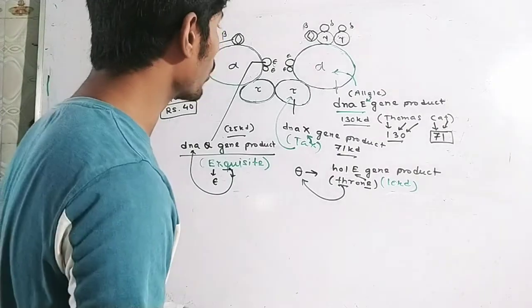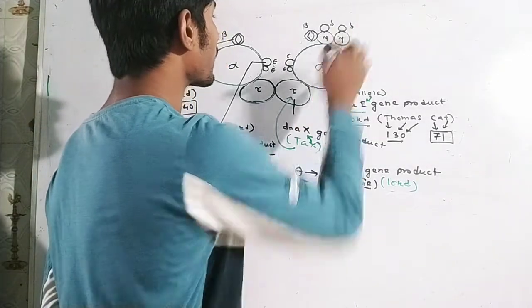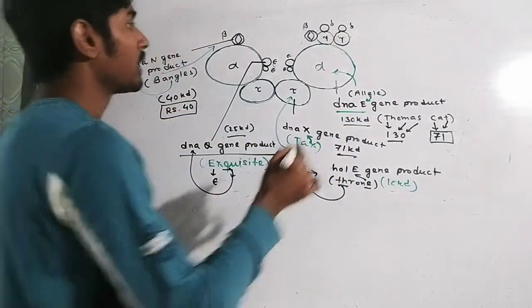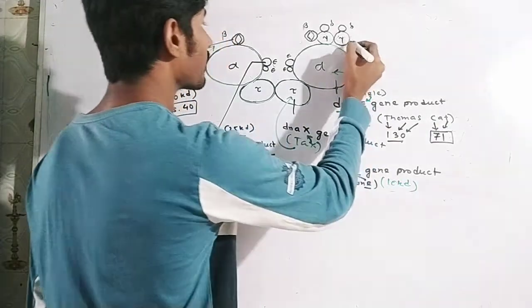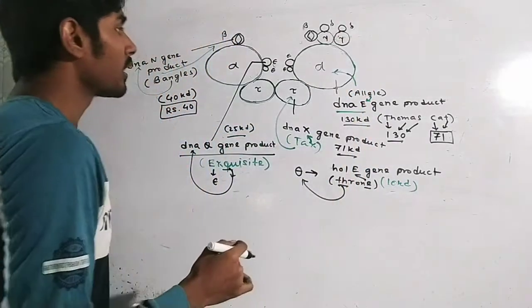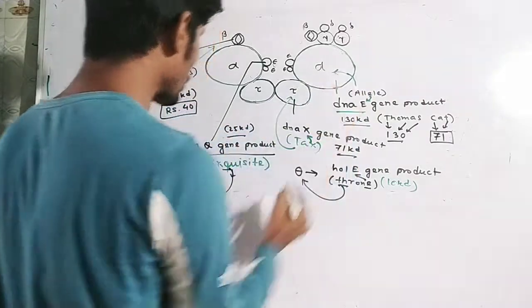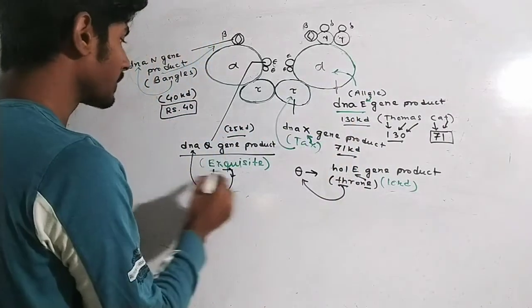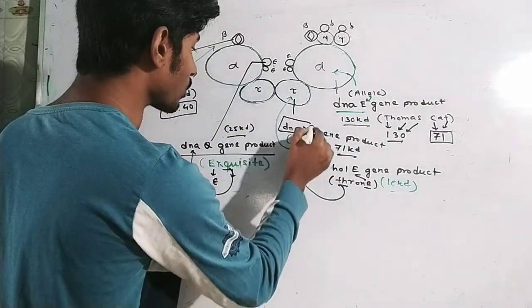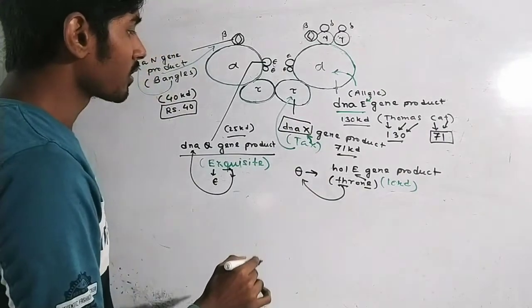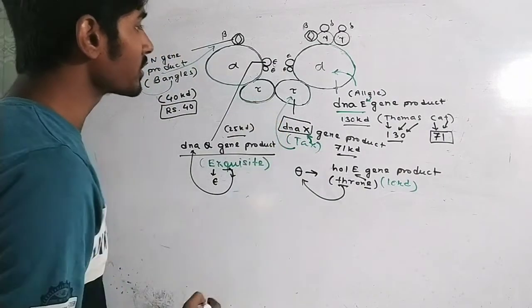Now let's talk about the gamma subunit and the delta subunits. The gamma subunits are also the product of the DNAX gene, the same gene from where the tau subunits are produced.